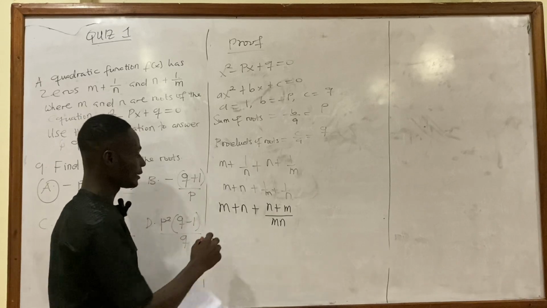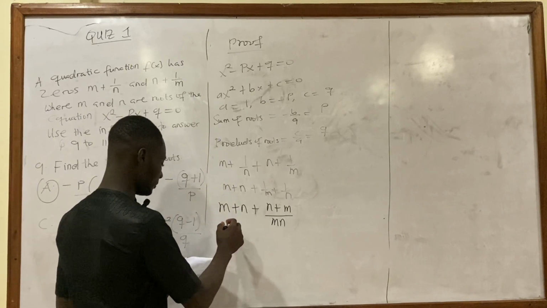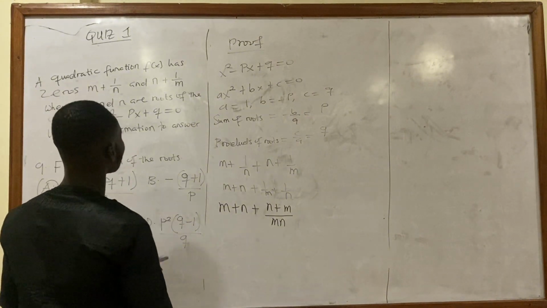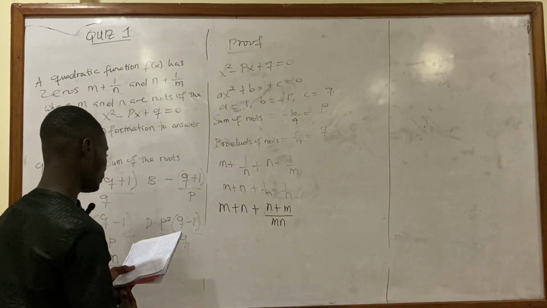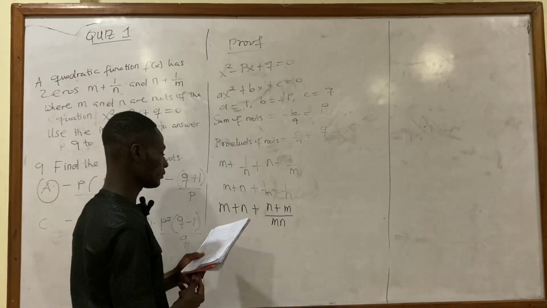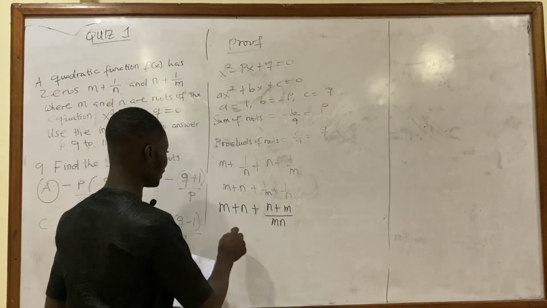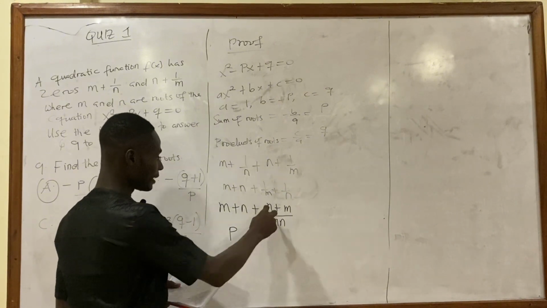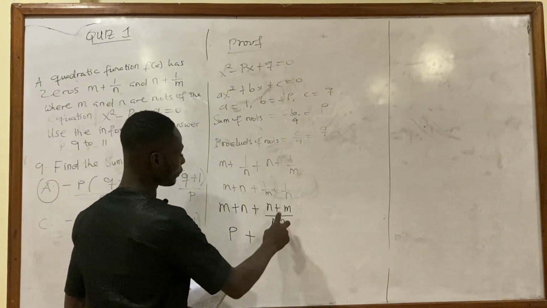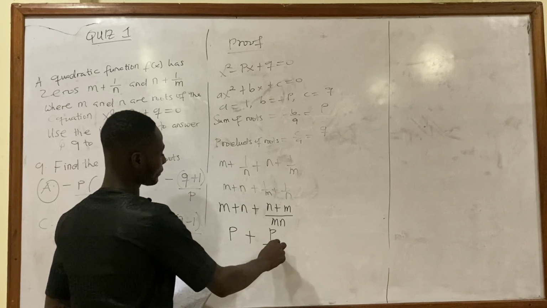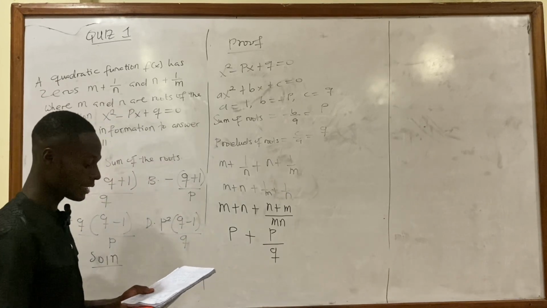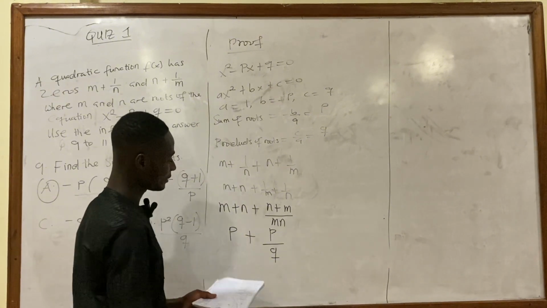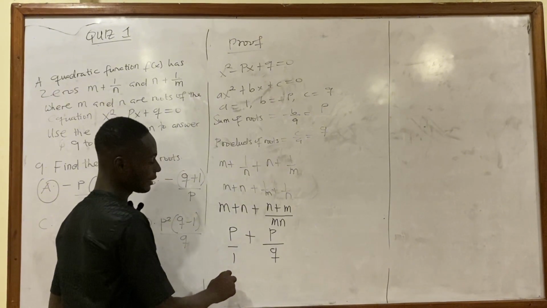From here, we can now put in the sum and then the product. The sum we had is p. So you have p plus the sum again at the top, p, over the product, which is q.